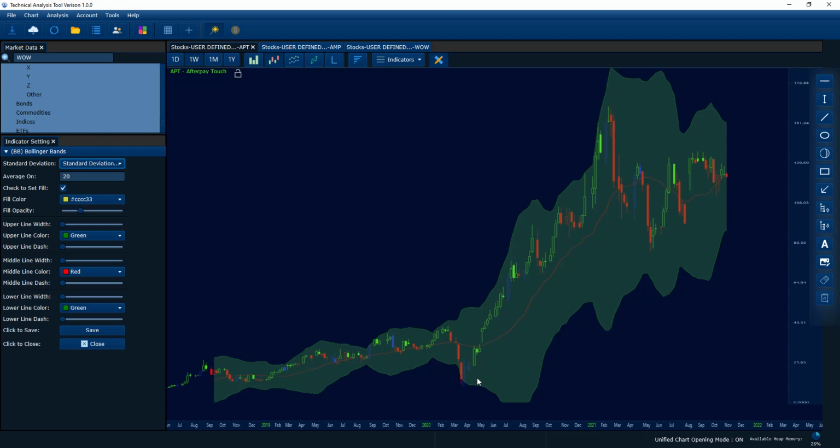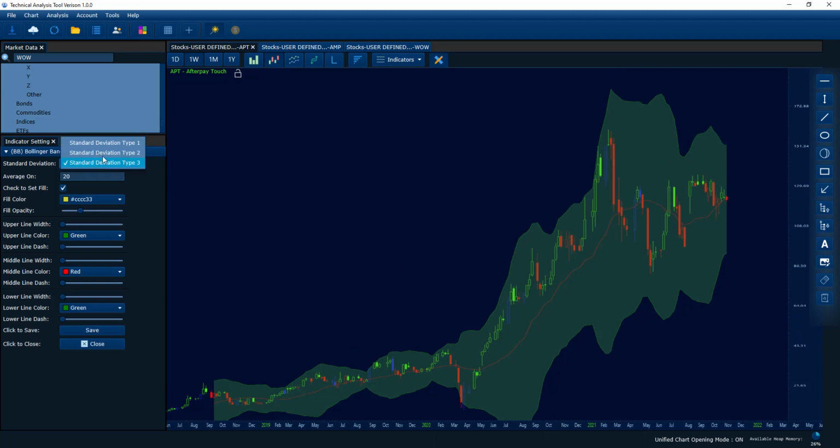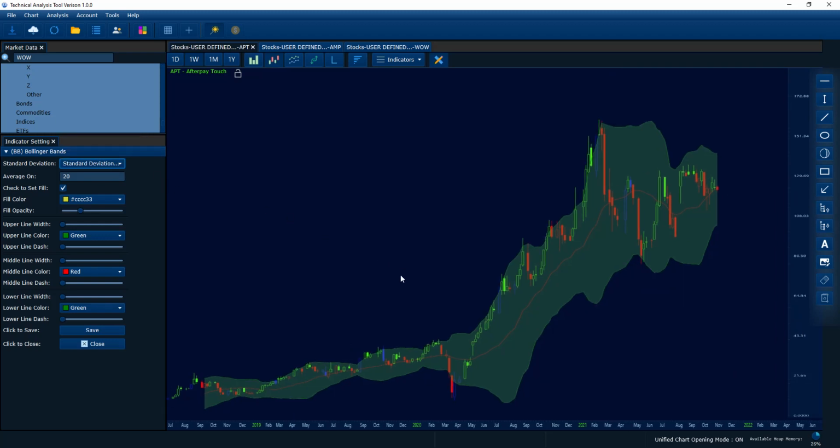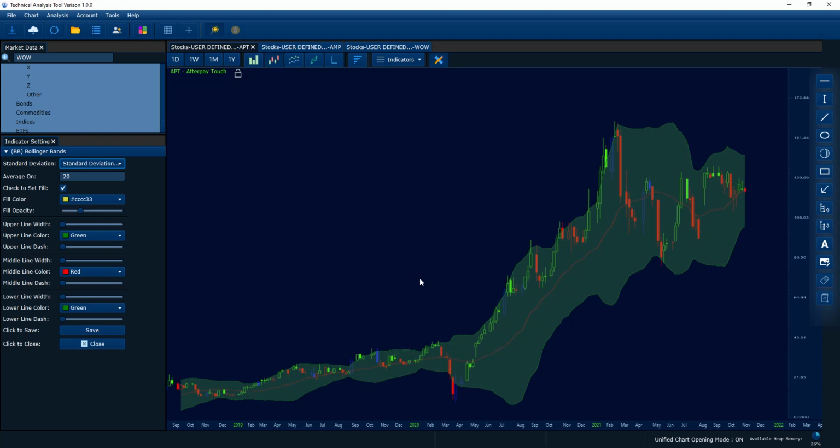So this is not too good. We want to have a decent amount of price action remaining outside the bands, which can remind us to take some actions. We usually use type 2. So it mainly depends on how many signals you want to see outside the bands to tell you that's oversold or that is overbought.